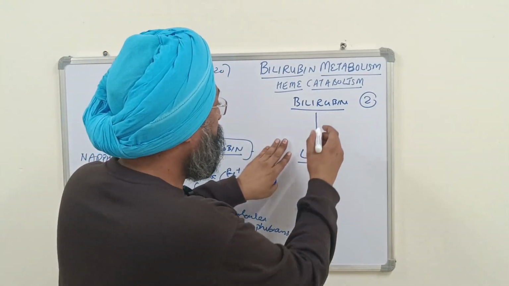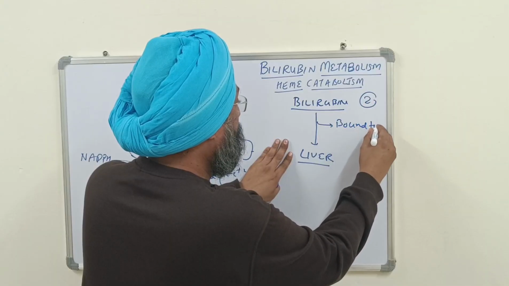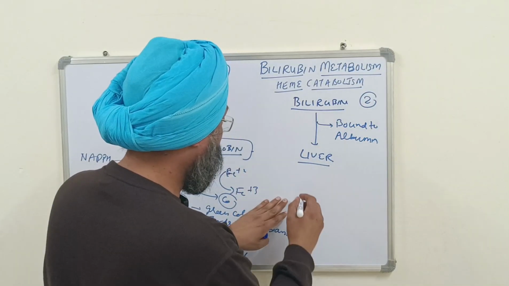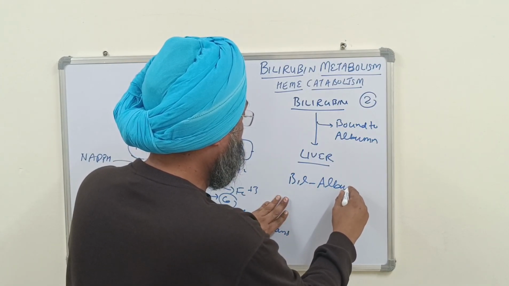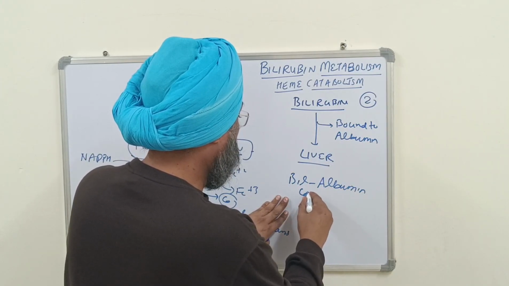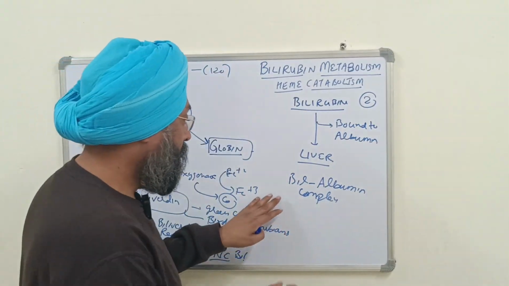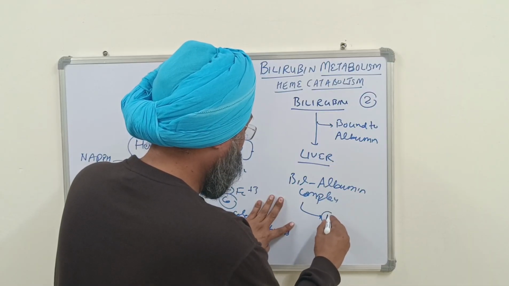It is transported to the liver bound to albumin, and this complex is known as the bilirubin albumin complex. In this complex, the albumin is bound via two sites.